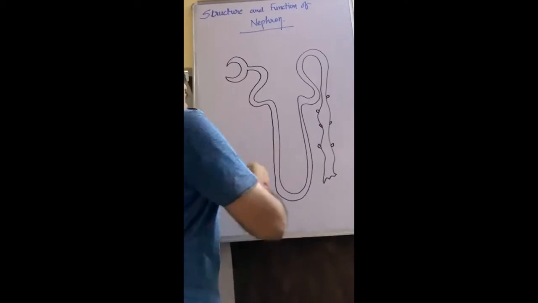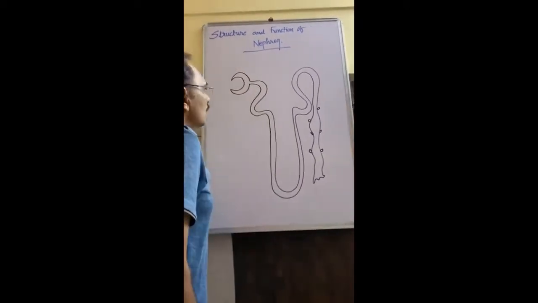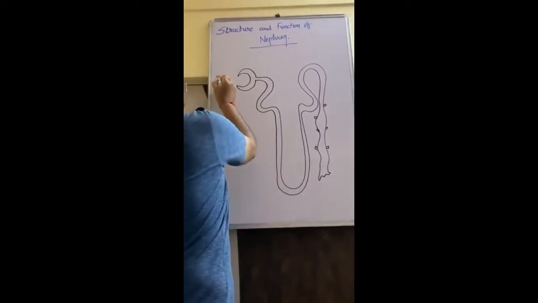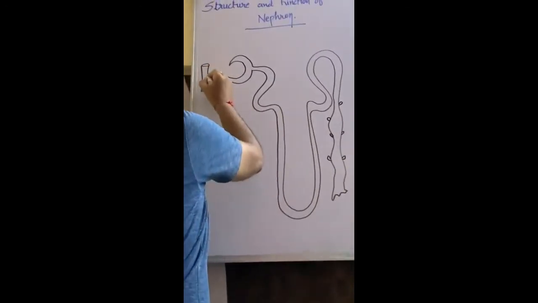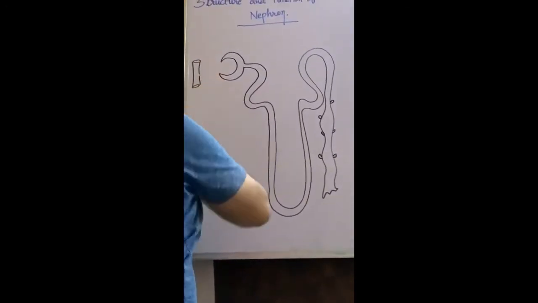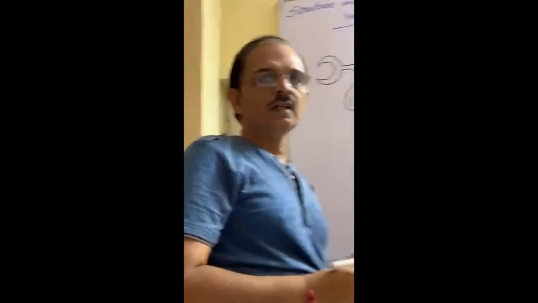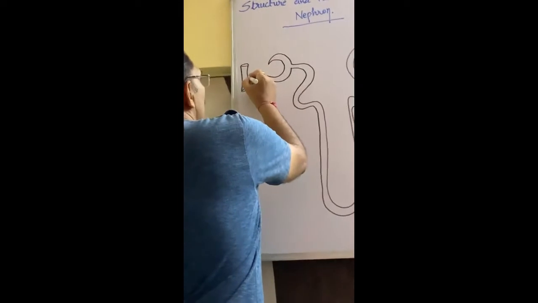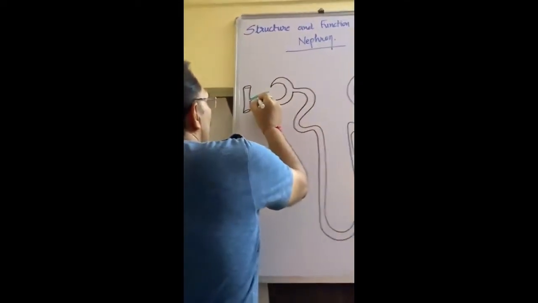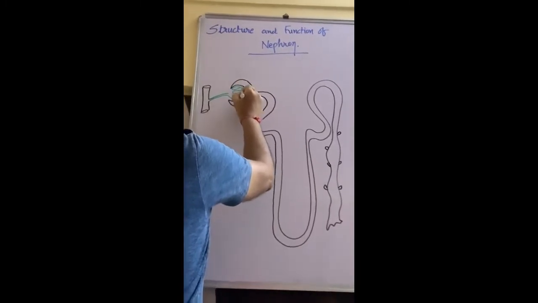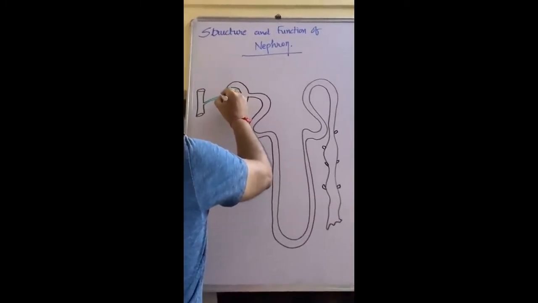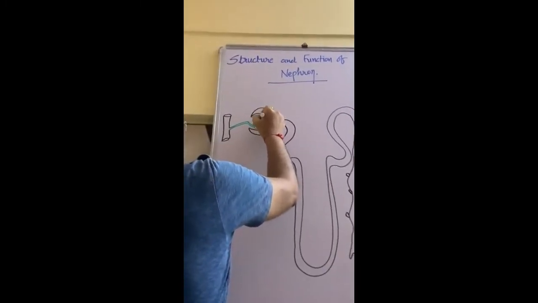Okay, now from here renal artery, fine vessels of renal artery enters. These fine vessels of renal artery, when it enters inside, make very fine structures known as glomerulus.